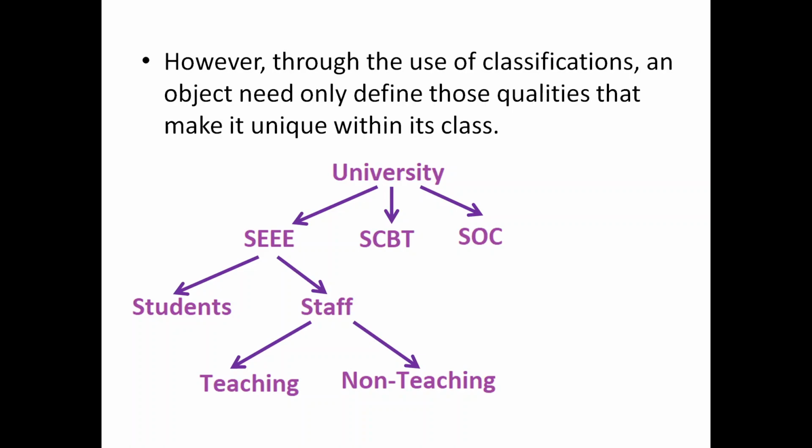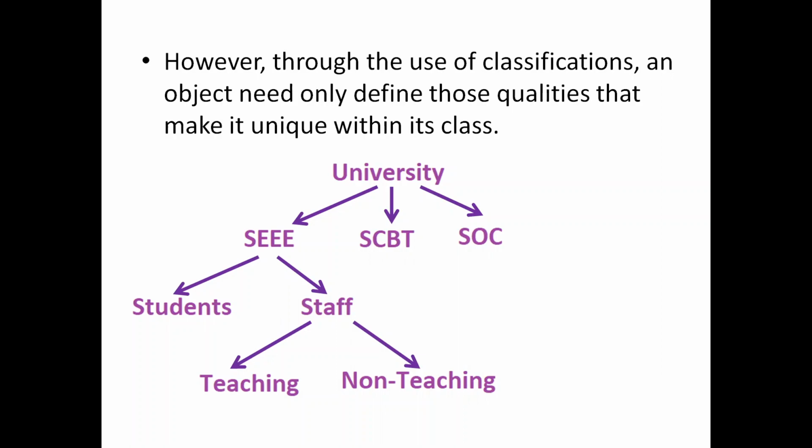For the student class, you only have to state what is unique for the student, like his name, register number, the gender. Those details which are unique have to be included, but you don't need to specify which branch he is studying, or which university he is studying.